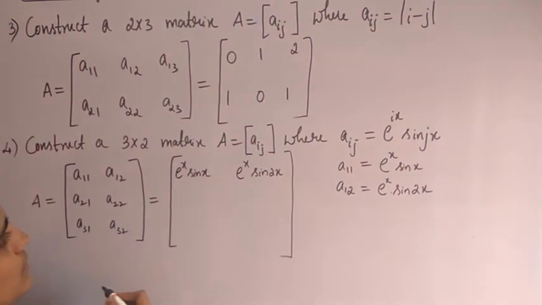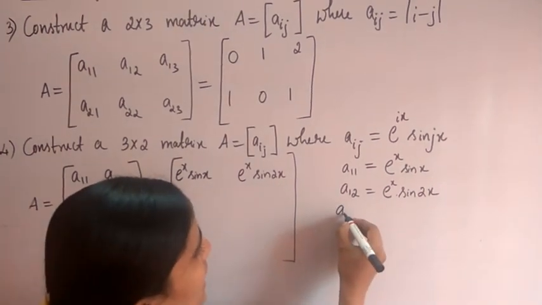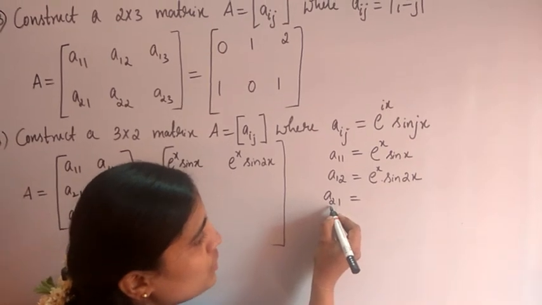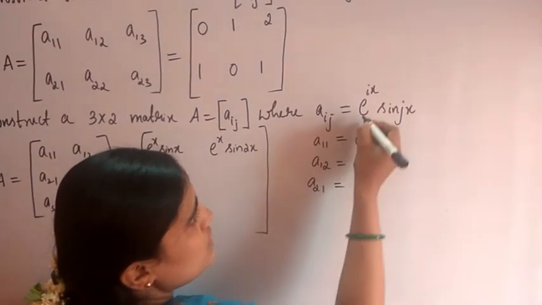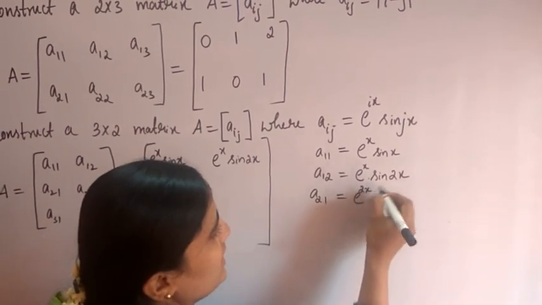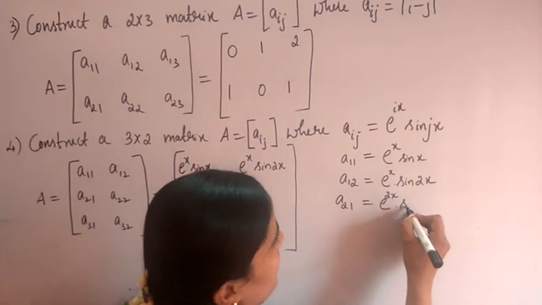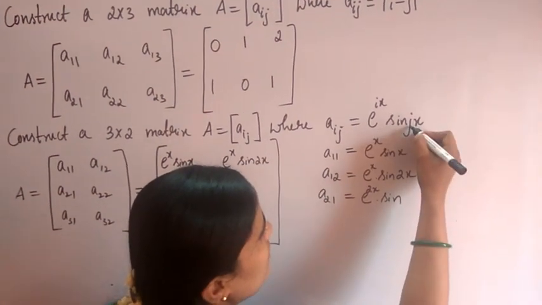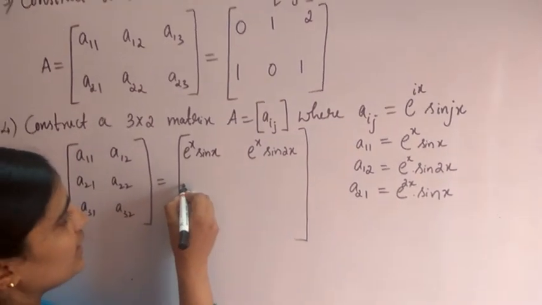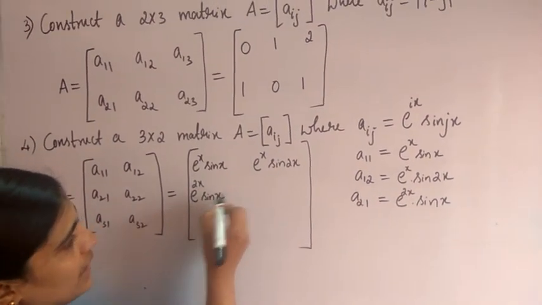Okay. So next comes the second row. Second row, first element is A21, which is equal to, here i value 2, j value 1. So substitute in the formula, we get e power 2x, i value 2, 2 into x is 2x, into sin j value is 1, 1 into x, x. So therefore here we get e power 2x sin x.